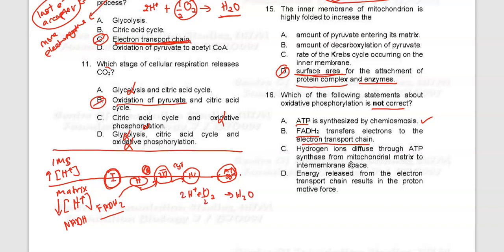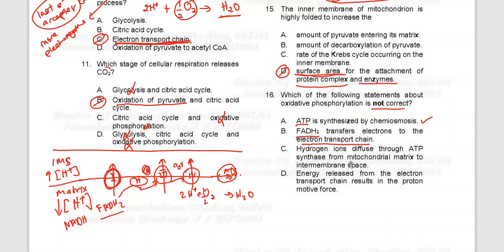The purpose of transferring this electron is that it releases energy, and this energy will be used by protein complexes 1, 3 and 4 to pump hydrogen ion from the matrix into the intermembrane space, so that the hydrogen ion can be concentrated in the intermembrane space.